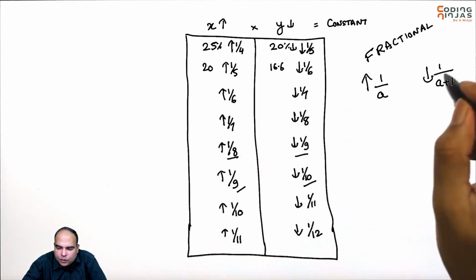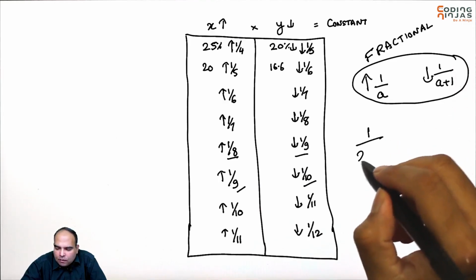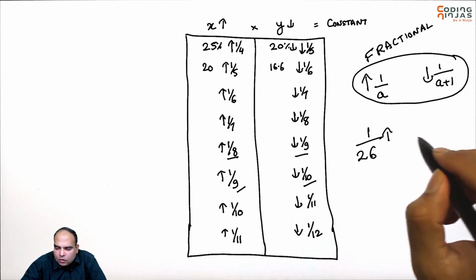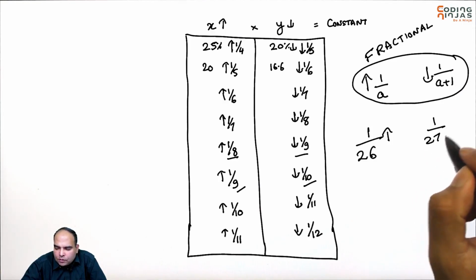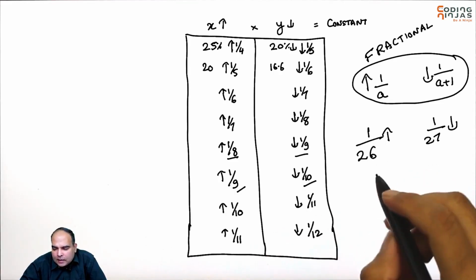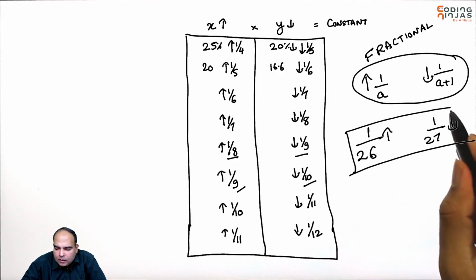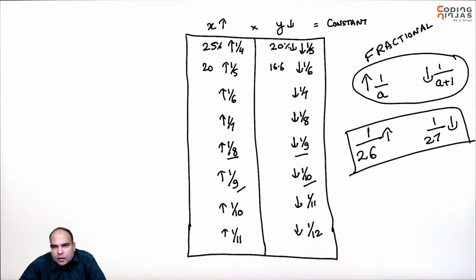But once you know this relationship, I give you any non-standard value, 1/26 is the growth, you know that 1/27 has to be the drop, right? So this is more versatile than the percentage change view of the product constancy table.